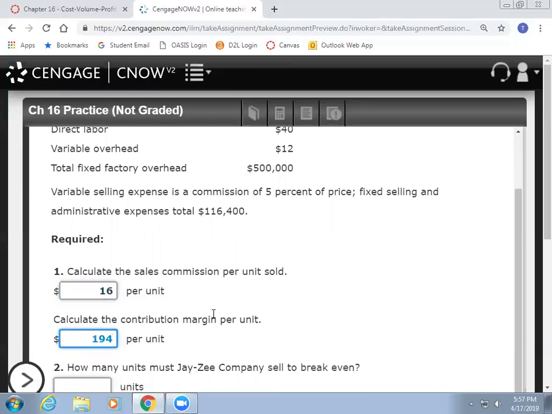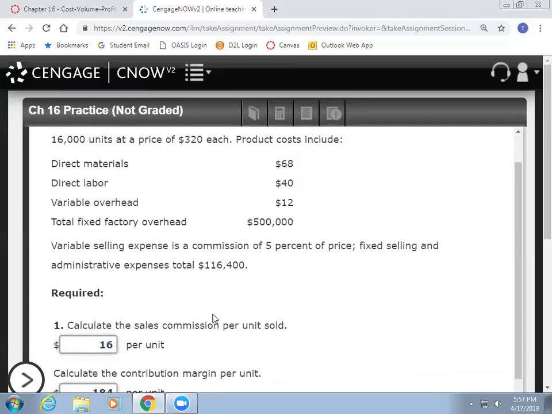We get that by taking 320 minus 68 for materials, minus 40 for labor, minus 12 for variable overhead, and then minus the $16 commission, that variable selling expense. So again, your contribution margin is always sales minus total variable costs. So we would always take out materials, labor, variable overhead, and variable selling expense.